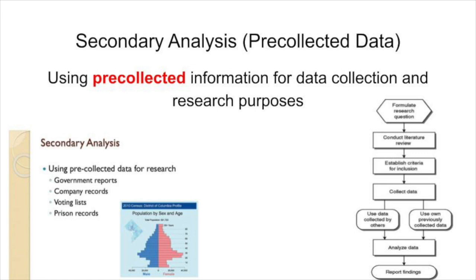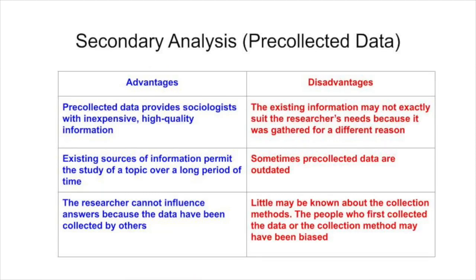Another type of research that's done would be called secondary analysis. This is using pre-collected information for data collection and research purposes. Now, there are advantages and disadvantages to that. The pre-collected data provides lots of information, and some of it's high quality.